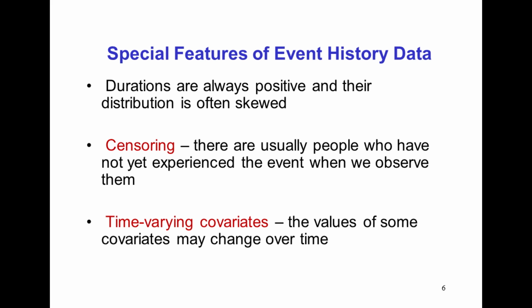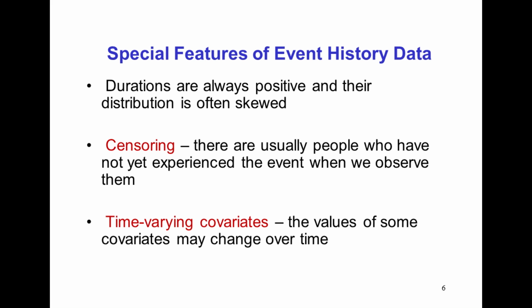That's positively skewed. And that is because you tend to have a lot of people who have the event at a very late stage, so you have this long tail to the right. That is not a major problem, because what you could do is transform the duration to get something that is more symmetrically distributed. So not a major problem in its own right.